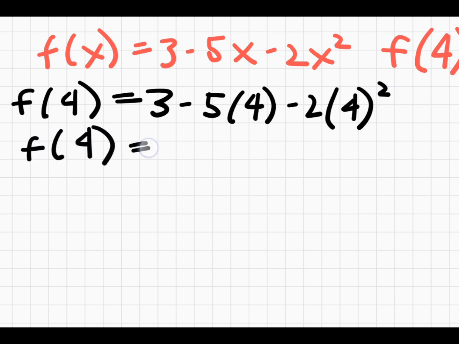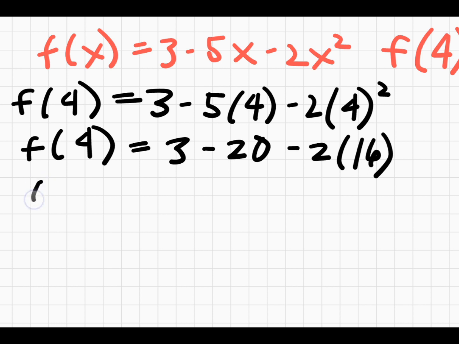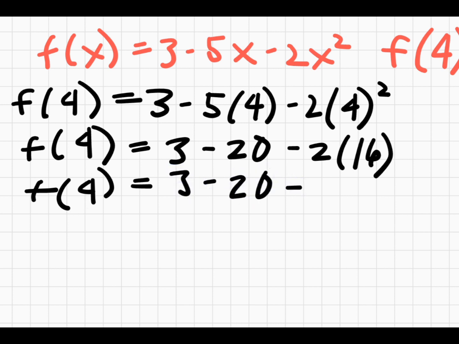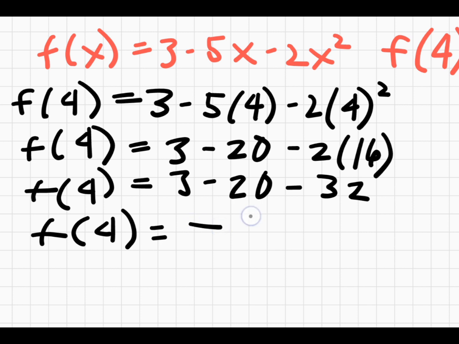We have f of 4 is equal to 3 minus 5 times 4 is 20 minus 2 times 4 squared, 4 times 4 is 16. So f of 4 is equal to 3 minus 20 minus 2 times 16, which is negative 32. f of 4 is equal to 3 minus 20 minus 32. The answer would be negative 49.